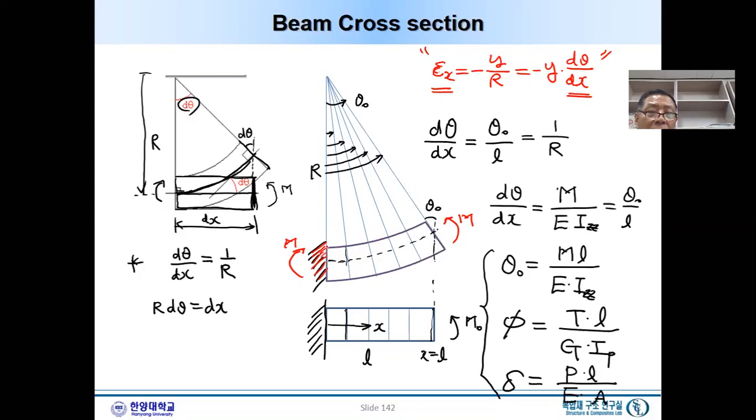This is the theta equal 0 reference plane, and then theta gradually increases. Each section has a certain rotation. Originally it was vertical, but it has a slight rotation. This is the angle.